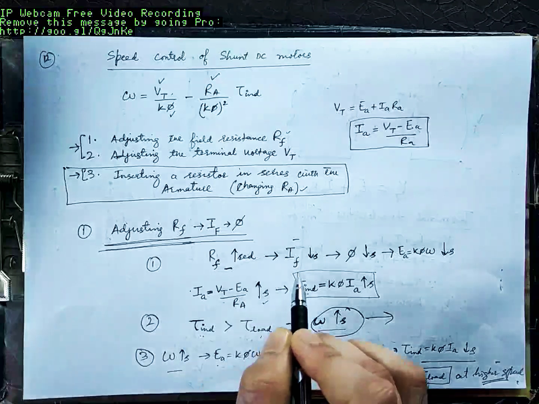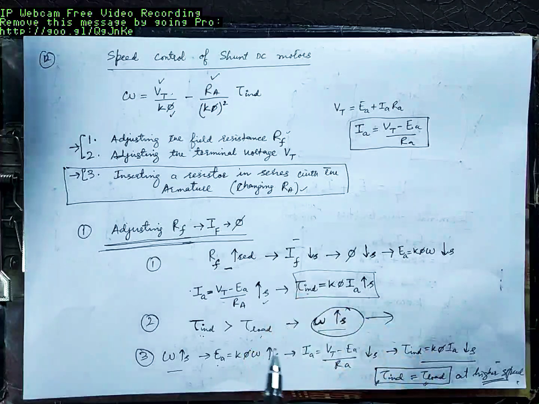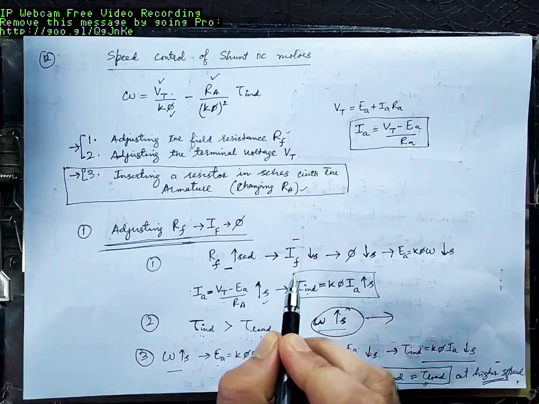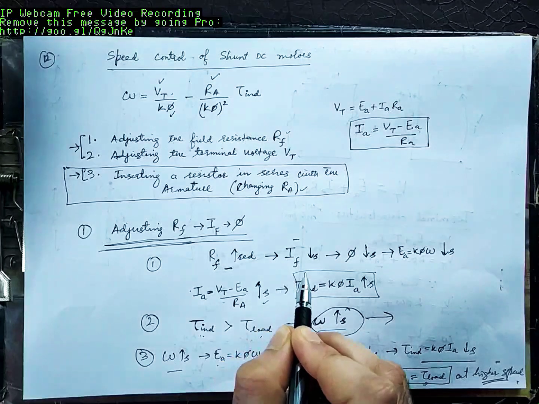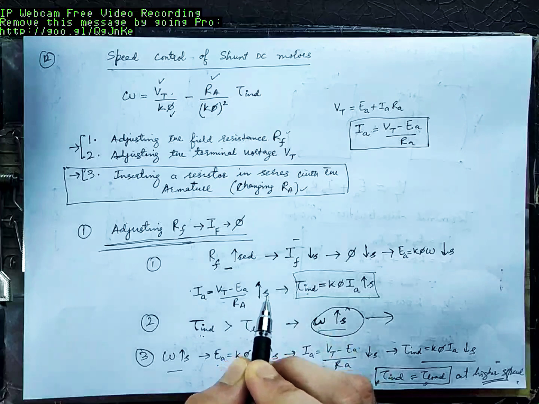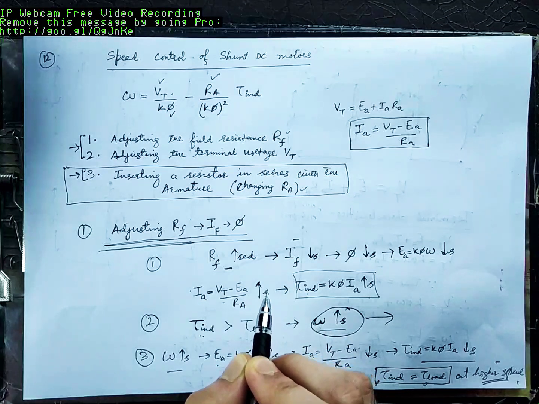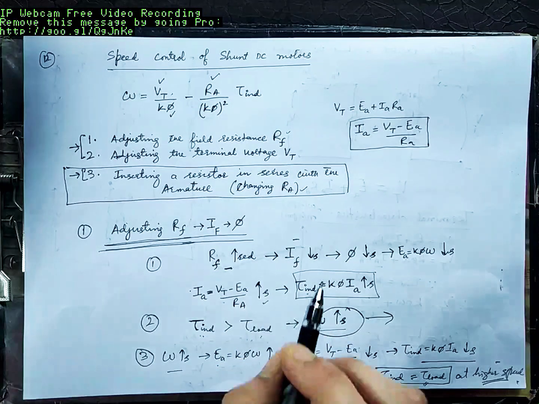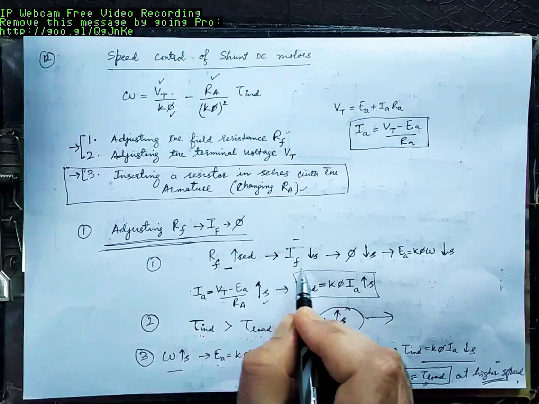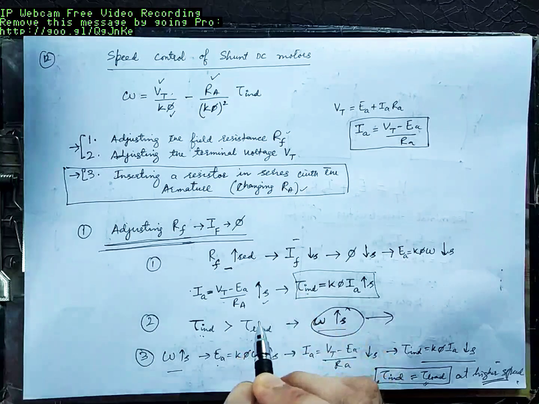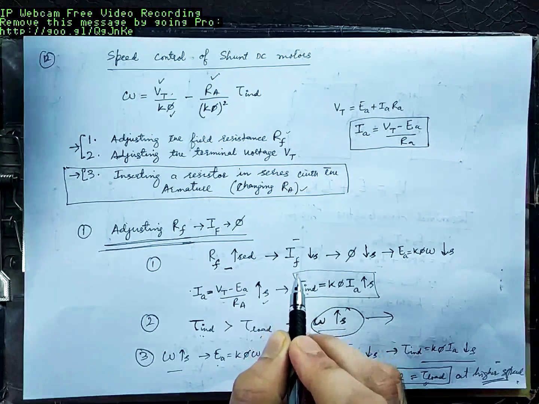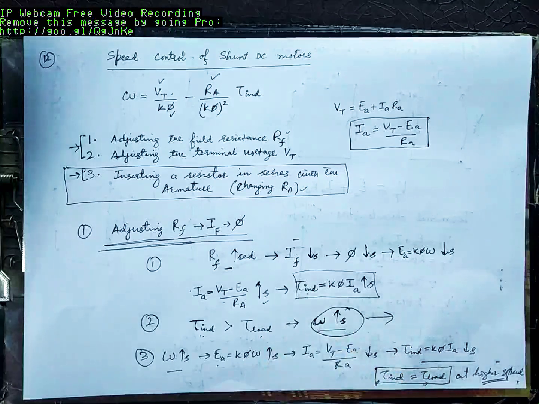Can I increase it indefinitely? No. There is a limit to the field current in the field circuit. You cannot increase current beyond the rating of the field circuit. That means there is an upper limit to this field current IF.